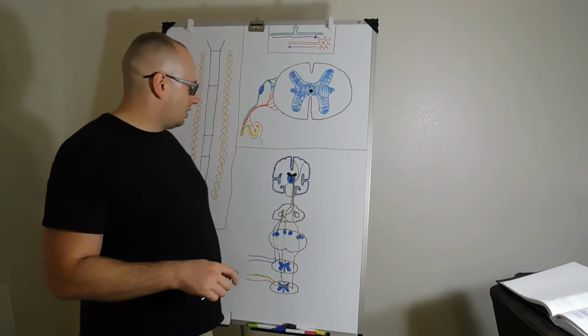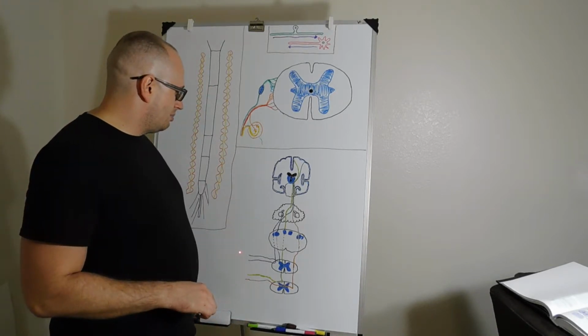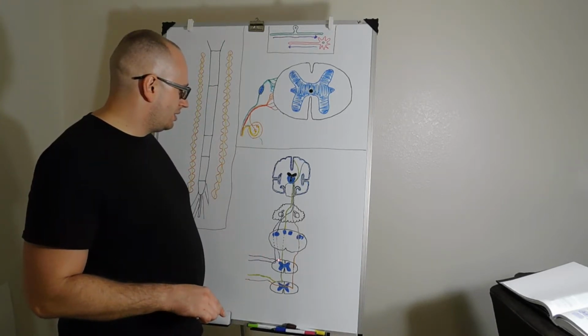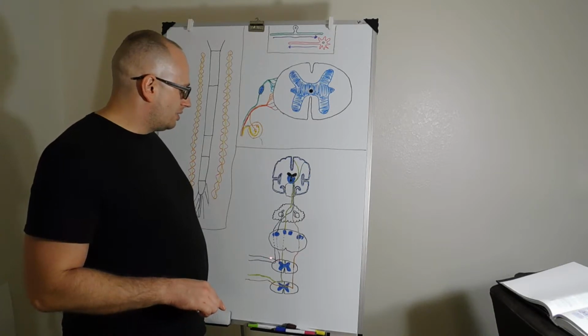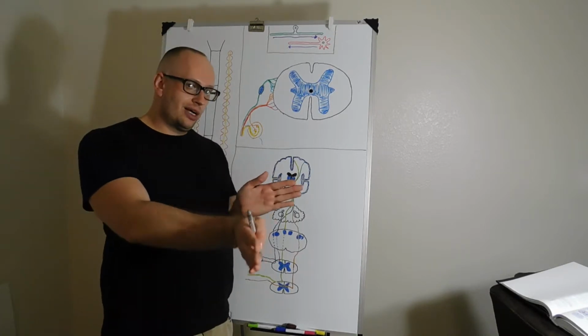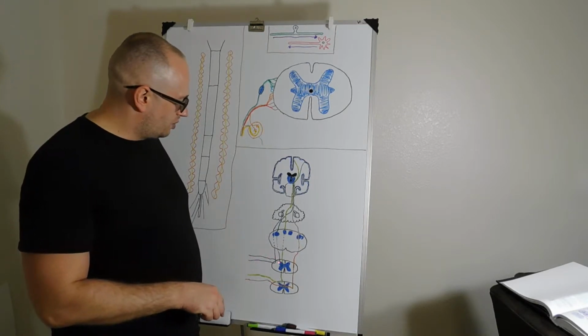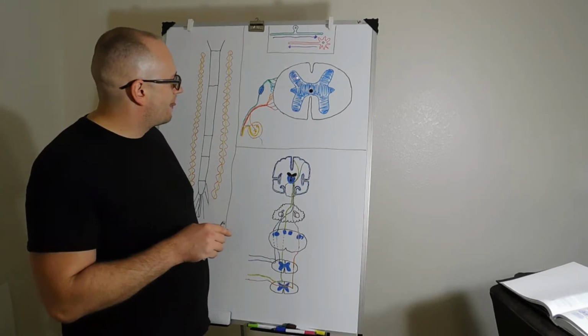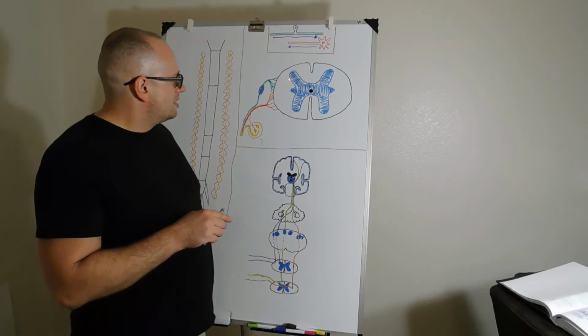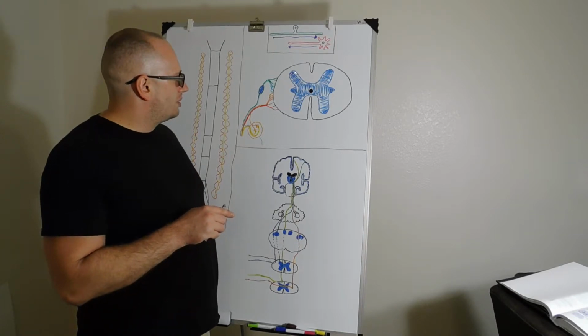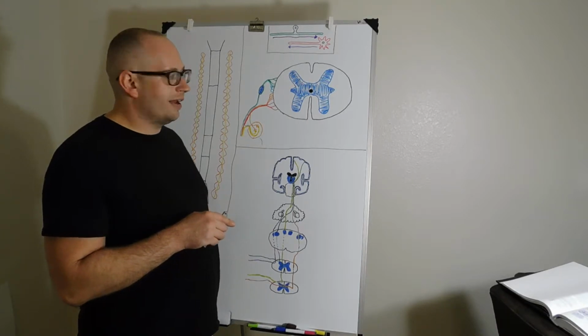Okay, so for the mechanosensory information, when it goes in, there is a collateral axon, which means a branching axon, that goes into this gray matter here, and it hits lamina 1, lamina 2 and lamina 5.